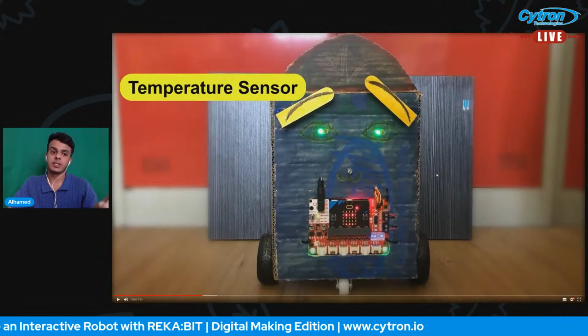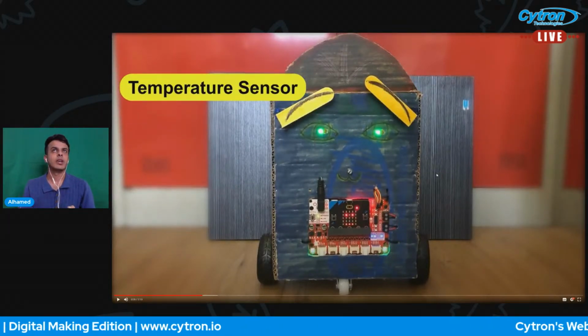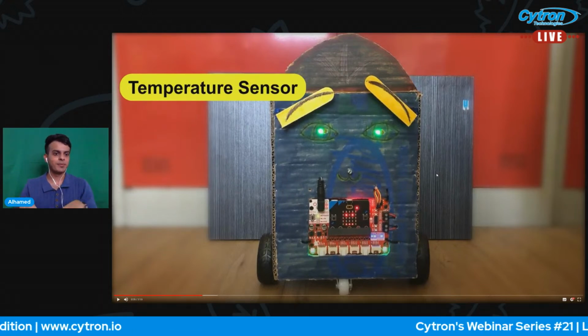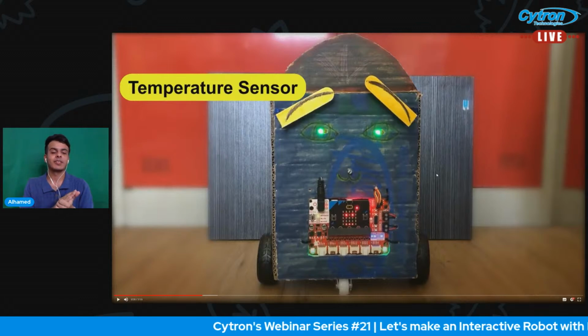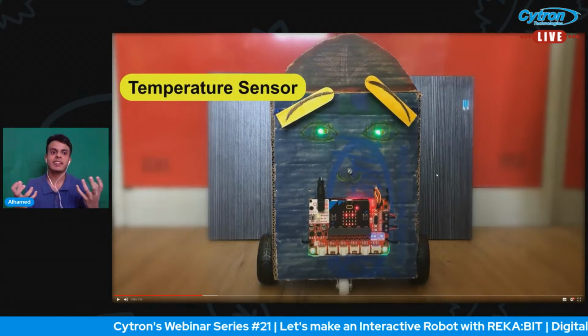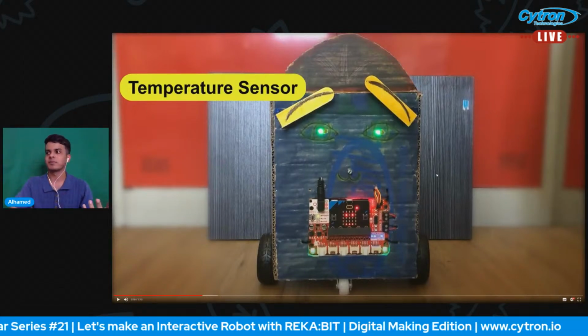Now we have the temperature sensor. I already set the temperature limit to 30, and the temperature in the room is 31, so it exceeds the limit. Now the robot will sense that, and it will show a mad or sad expression.